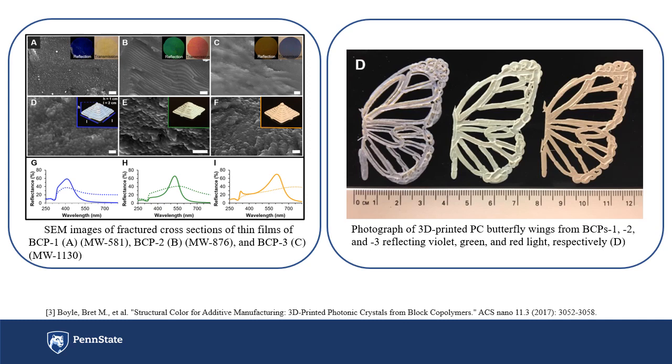Interestingly, although the film from BCP1 efficiently reflected violet light, the observed morphology was not a lamellar morphology, but a spherical morphology. As to all the 3 filaments, spherical morphology were observed, which is pretty similar to the PC thin film produced from BCP1.